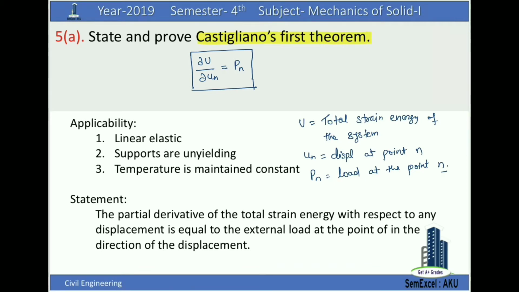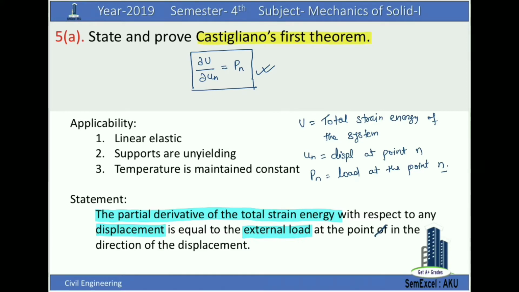If you remember just this expression, then you can write this expression in words. So what we can write here, the partial derivative of the total strain energy with respect to the displacement is equal to external load Pn at the point in the direction of the displacement.